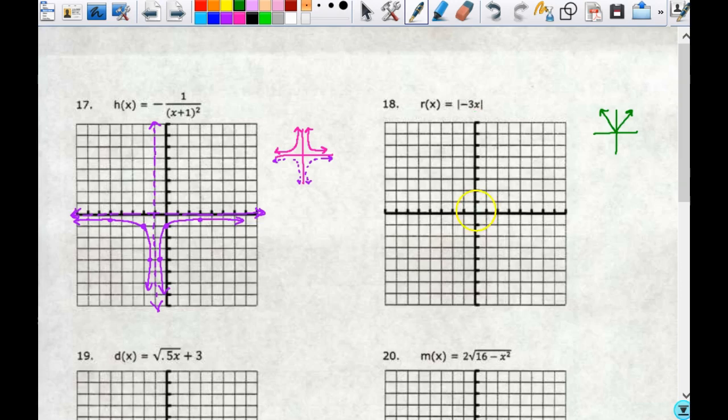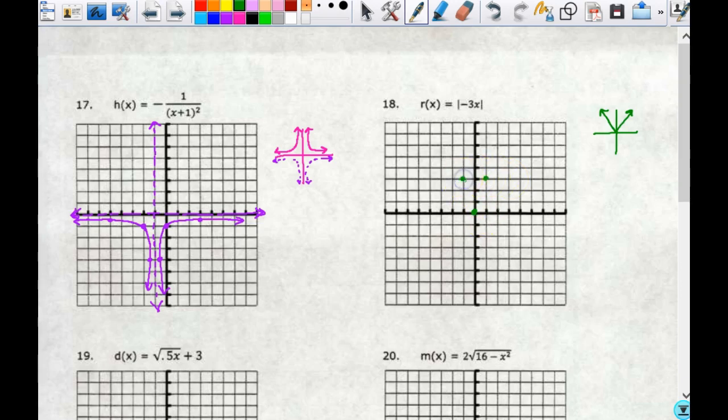So 0, 0 is still a point. If you're going to multiply each x value by 1/3, maybe we go to what used to be 1, 1, 2, 2, 3, 3. I'd be here at 3, 3. But that 3, the x value, is now multiplied by 1/3, so it's actually right here.